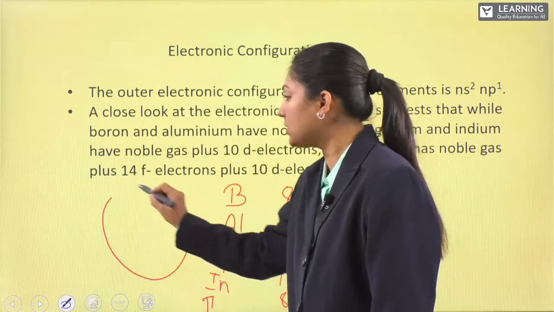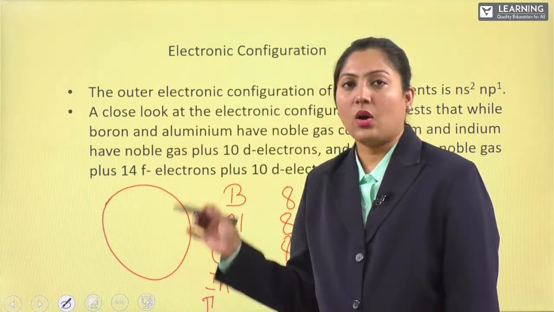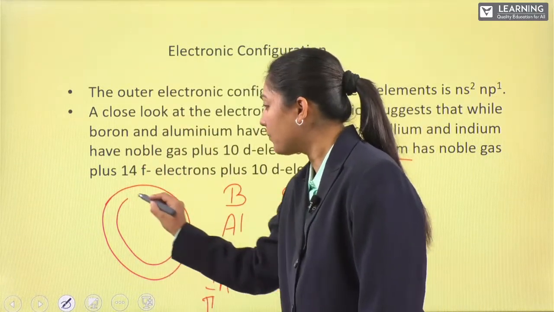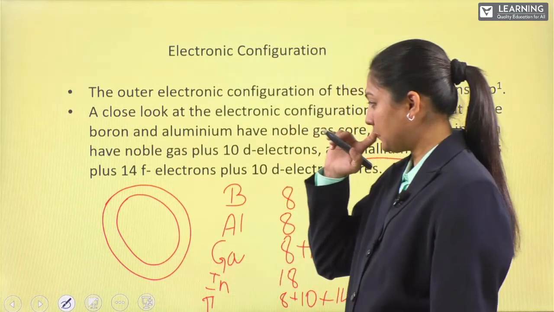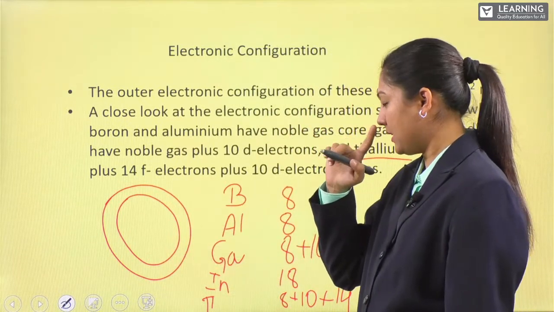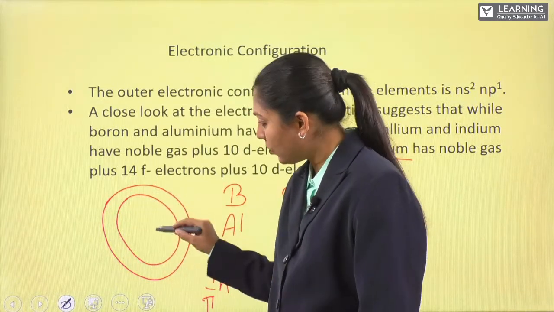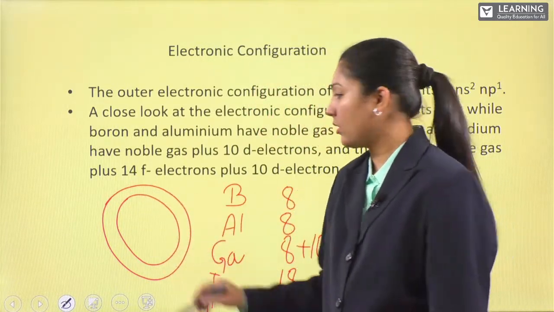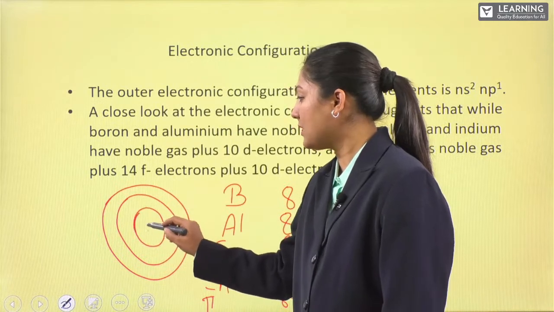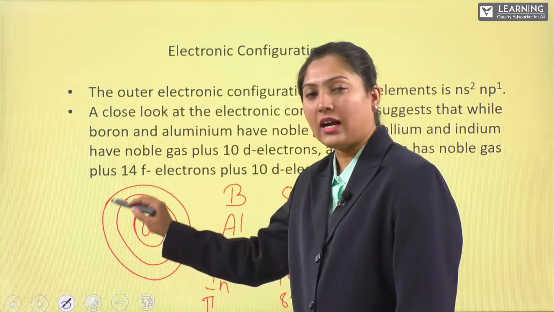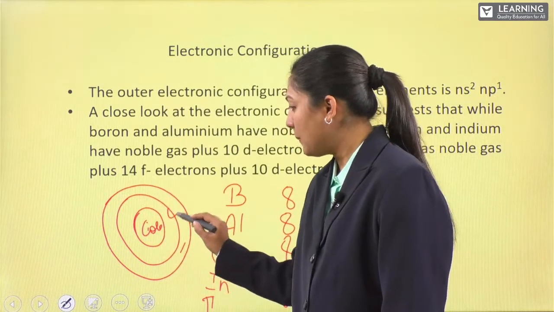The outermost shell we call the valence shell or ultimate shell, meaning the last shell, and inside that we call it the penultimate shell, and before that we call it the core. Whatever we get inside, we call core electrons. So this is the ultimate shell and this is the penultimate shell.